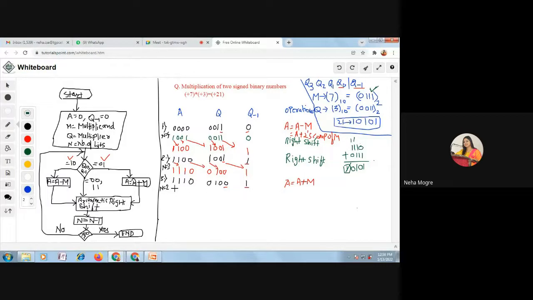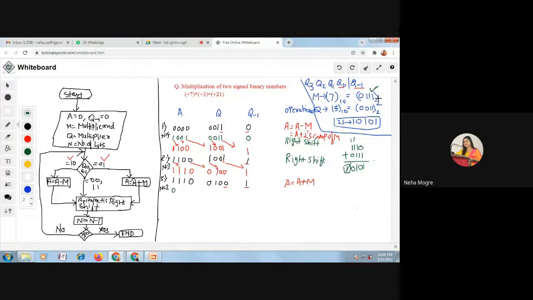Is that okay? So we take the result. Here, ma'am, we don't have to take the 2's complement of M. No. The value of M is 0 1 1 1.